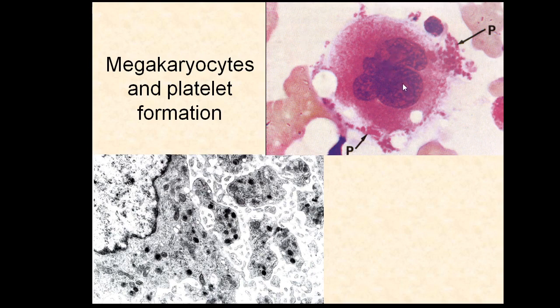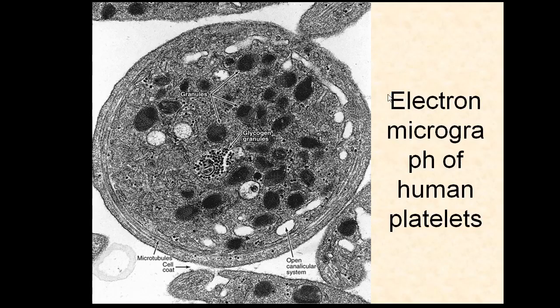The content of the granules are proteins of blood coagulation. Now you see the platelet, you can see granules, granulomere and hyalomere.